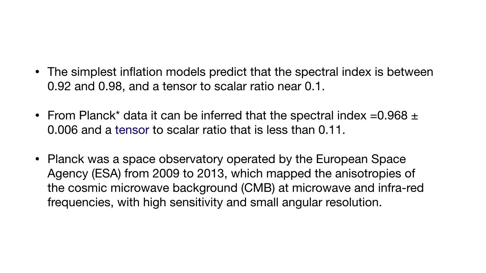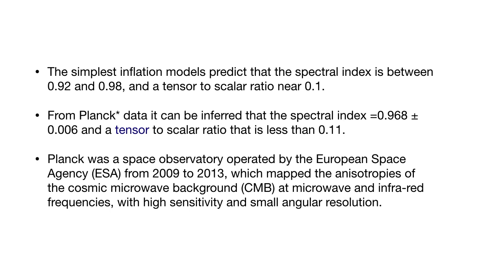There is an experiment operated by the European Space Agency, working between 2009 and 2013, trying to map out how different parts of the cosmic microwave background are across all the frequencies, in particular the infrared region.